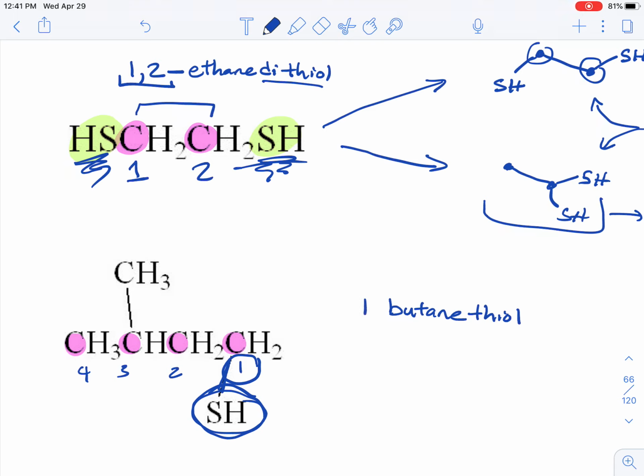And so now that we know our numbering system for our carbon chain, then we're going to add a 1 in front of butane, so 1-butanethiol, to communicate to the reader that this sulfhydryl group is on carbon number 1. And so here, it looks like on carbon number 3, we have a methyl group. So this is going to be 3-methyl-1-butanethiol.